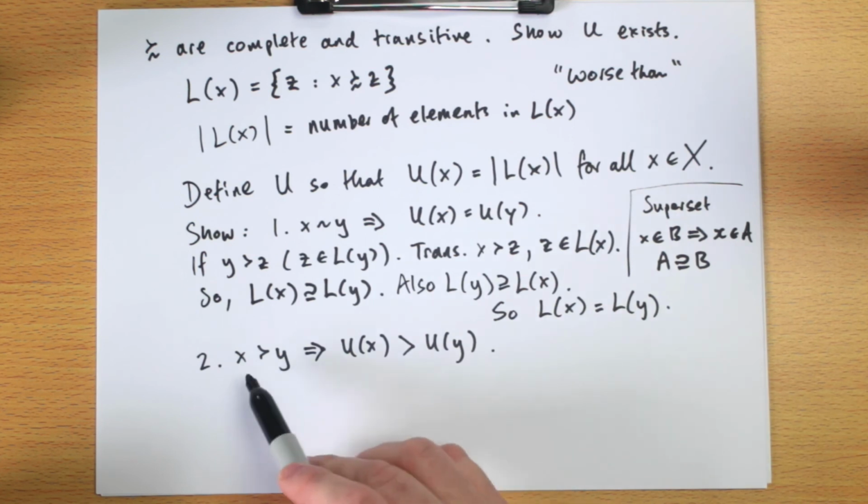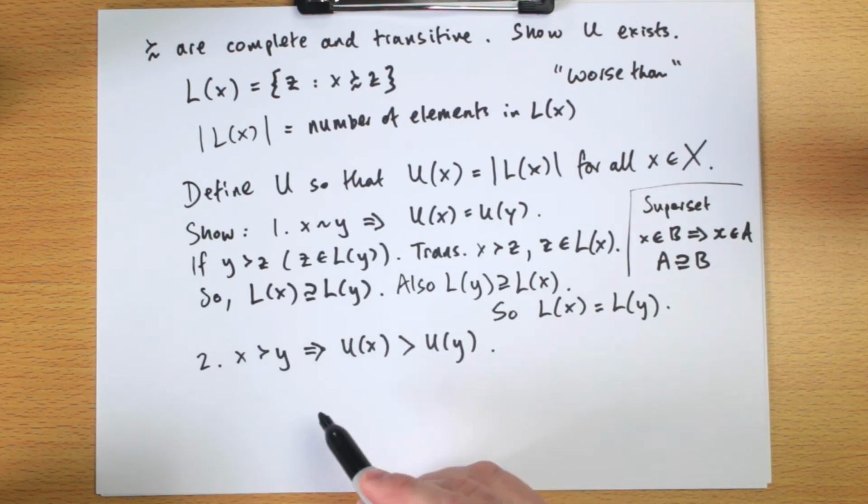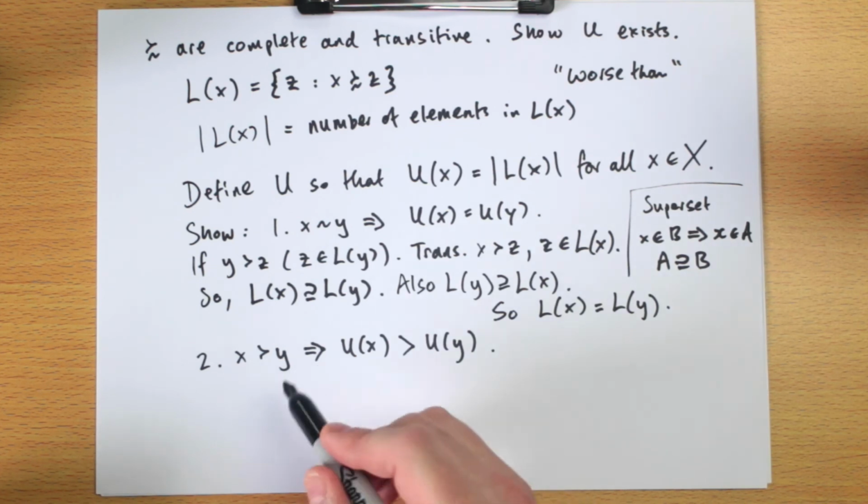What about this step? If x is strictly preferred to y, u of x is strictly greater than u of y. Okay? So let's do this.